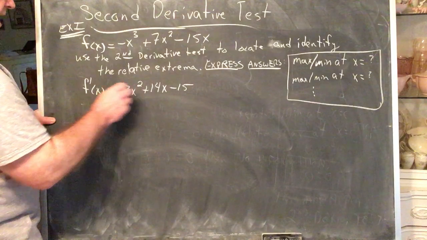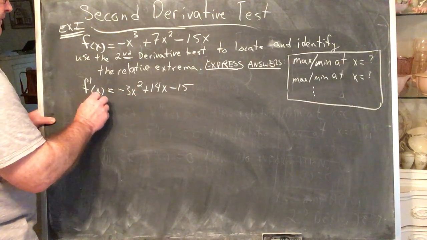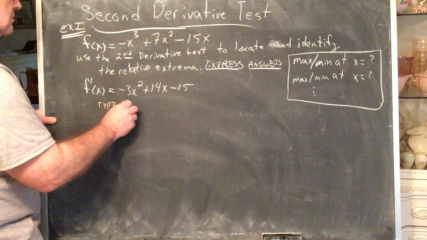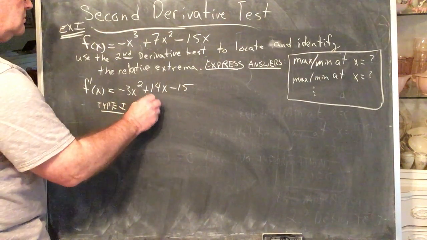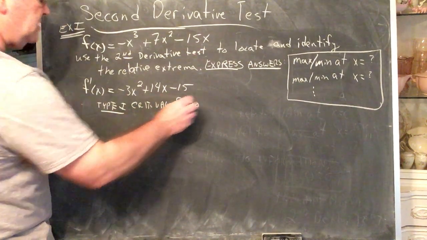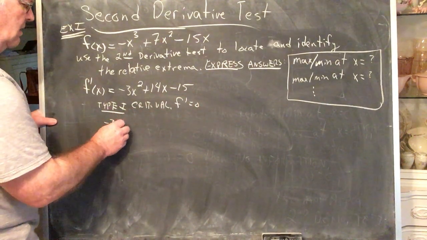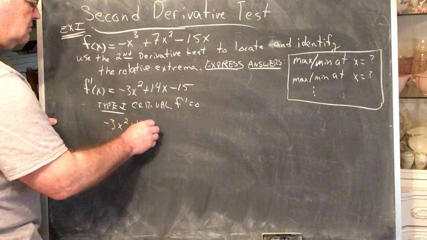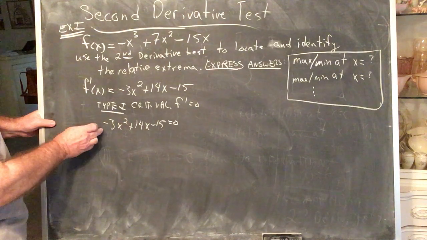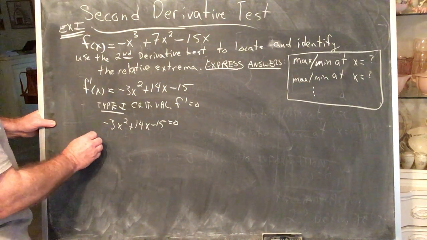So we need to find the critical values, right? We need the derivative set to 0. And let's see, I'm going to multiply both sides by negative 1 to clear this negative out.